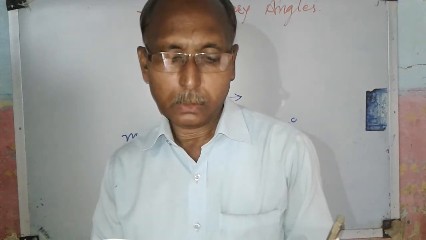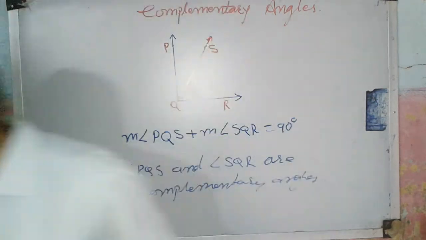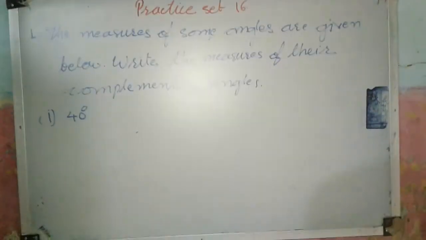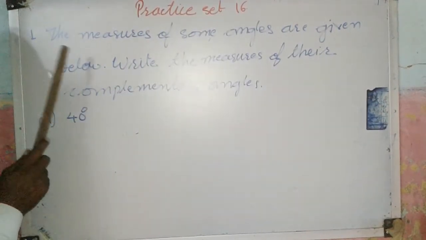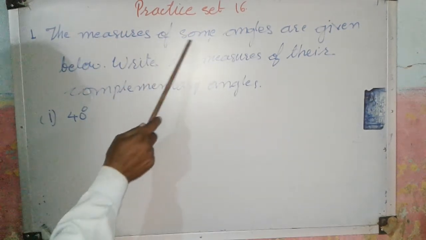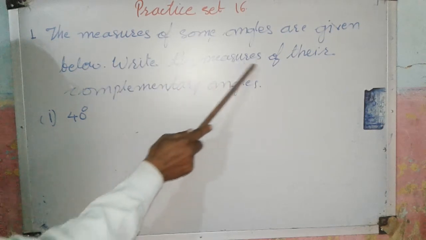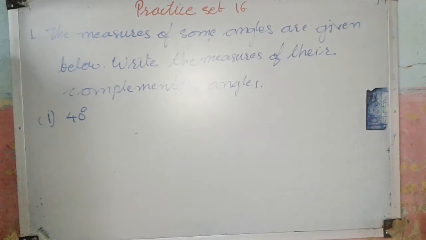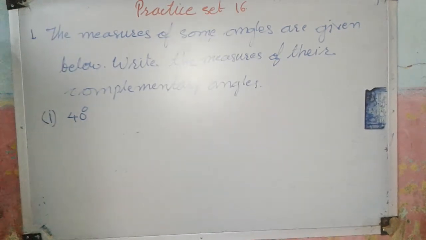Now we will solve examples from practice set 16. Practice set 16, question number 1. The question is: the measures of some angles are given below. Write the measures of their complementary angles. Example 1. An angle of 40 degrees is given.